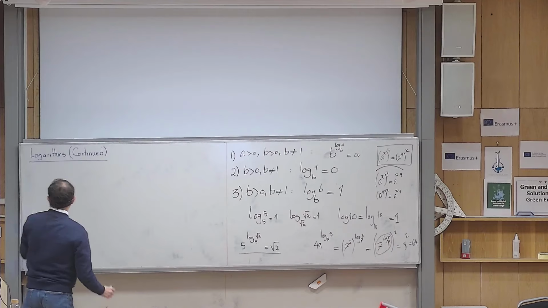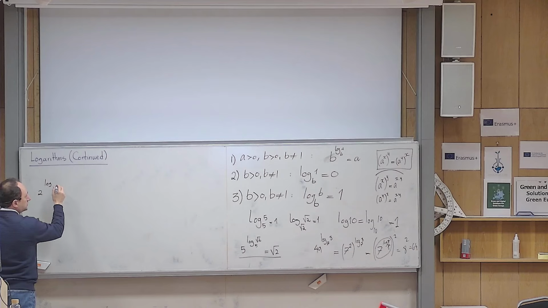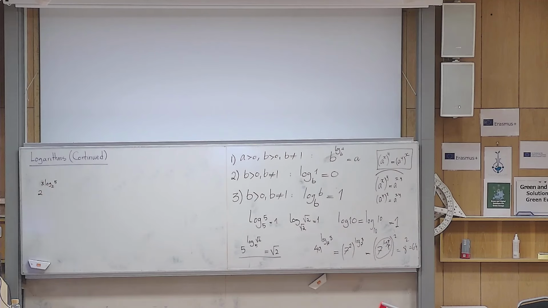What do you think will be the answer to this problem? So 2 to the power of logarithm of, let me write 2, and then I write 5 here. I don't want you to be confused with a lot of 2's. Without using the calculator, this is the question that I will ask you during the exam.